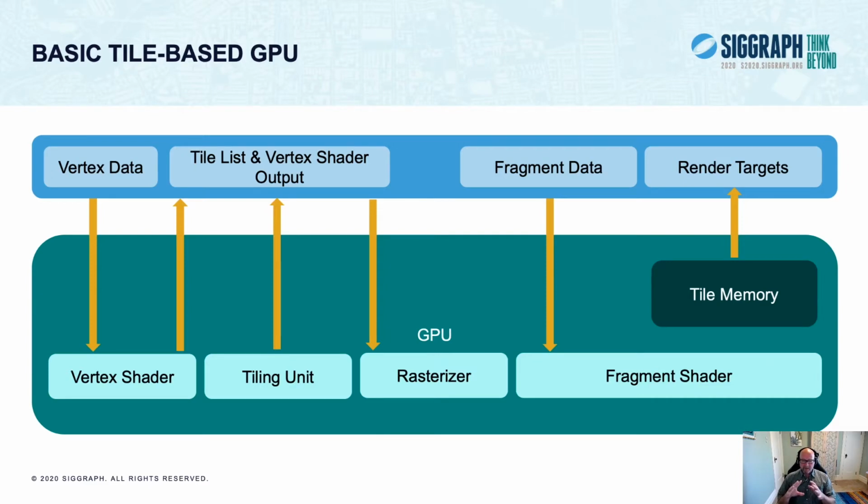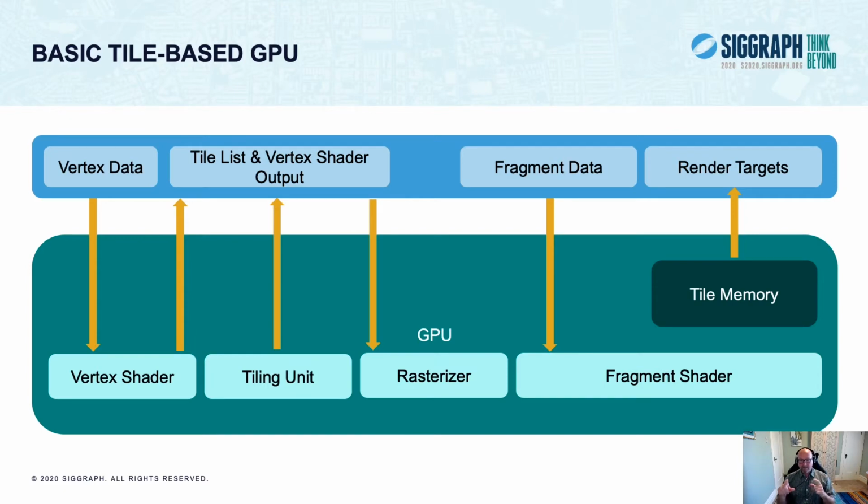The first part is very similar. The vertex shader starts to do the processing based on the fetched data from the buffer, and it transforms all the geometry into screen space. But rather than going directly to the rasterizer, you'll notice there's a block in the middle labeled tiling unit in this diagram. What the tiling unit does is sort all of the triangles, all these primitives, into bins.